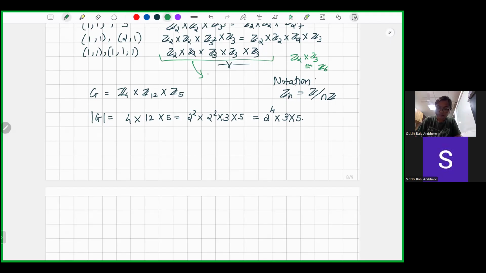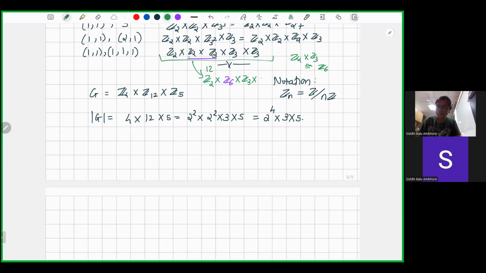So I can very well write this group, which is isomorphic to this, as Z2 cross Z6. I'm clubbing these two elements here. And again, I can write this as Z3 cross Z3.